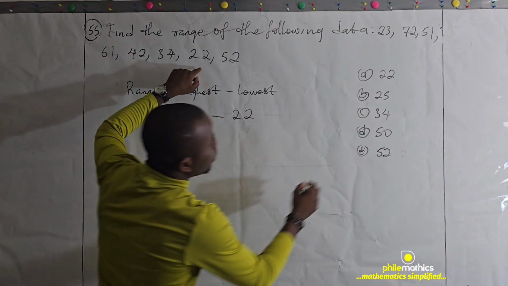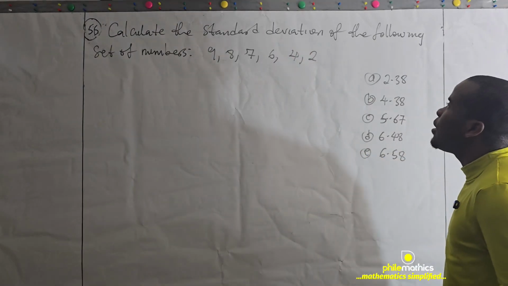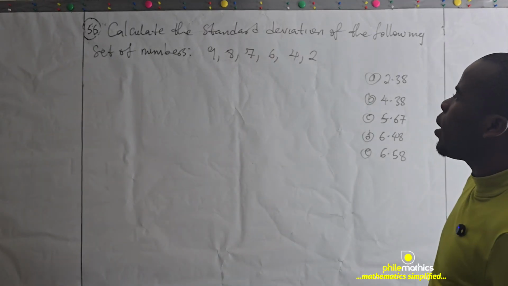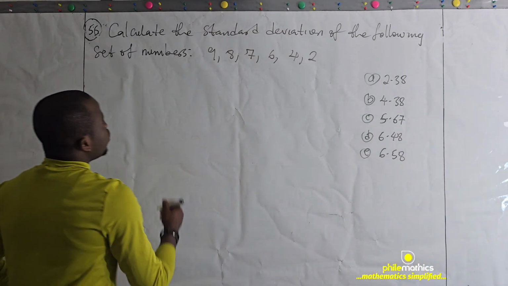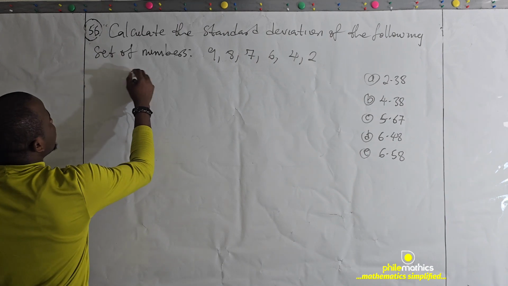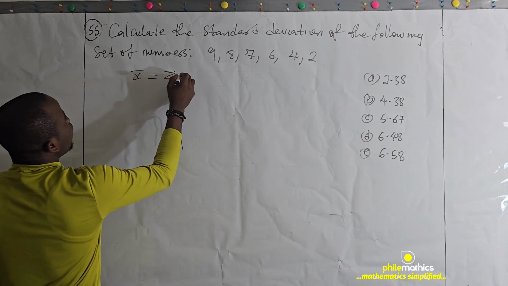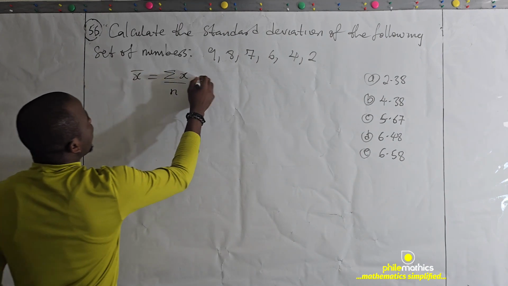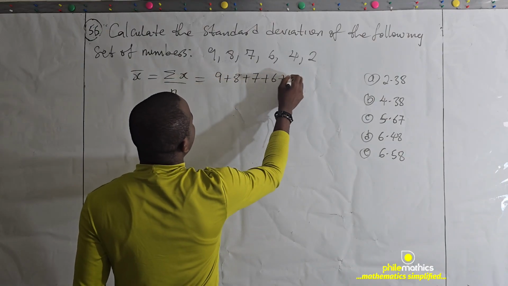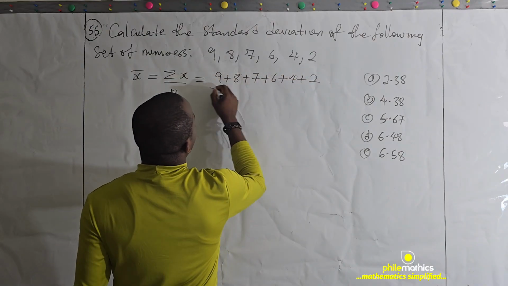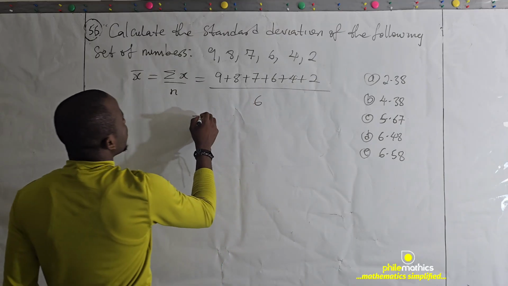This is the range. Calculate the standard deviation of the following set of numbers: 9, 8, 7, 6, 4, 2. So the first thing you want to do is to calculate the mean, which is summation of x over f. And this is 9 plus 8 plus 7 plus 6 plus 4 plus 2 over how many they are, which is 6.